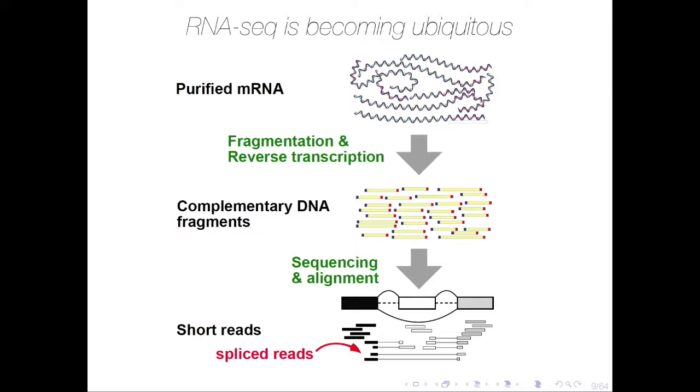Some of these reads are aligning to a single exon, but I also want to draw your attention to what I'm calling spliced reads. These are reads where a portion of the read maps to one exon, but the remainder maps to a second exon. These reads are going to be really valuable for determining what splicing choices were made by the cell.